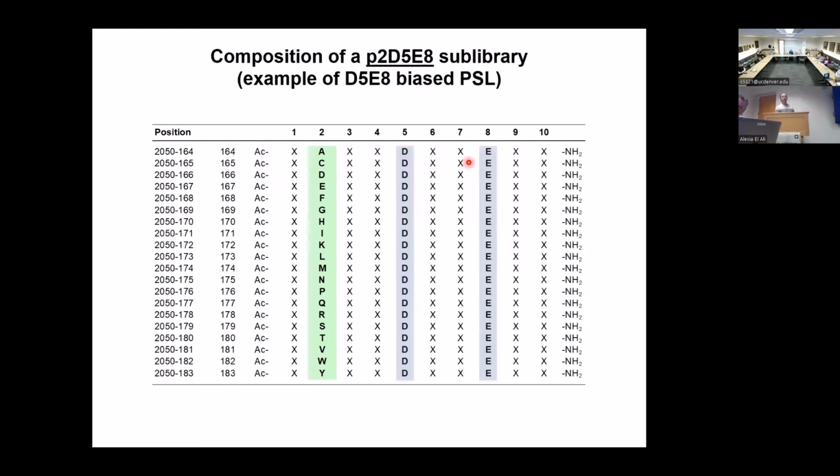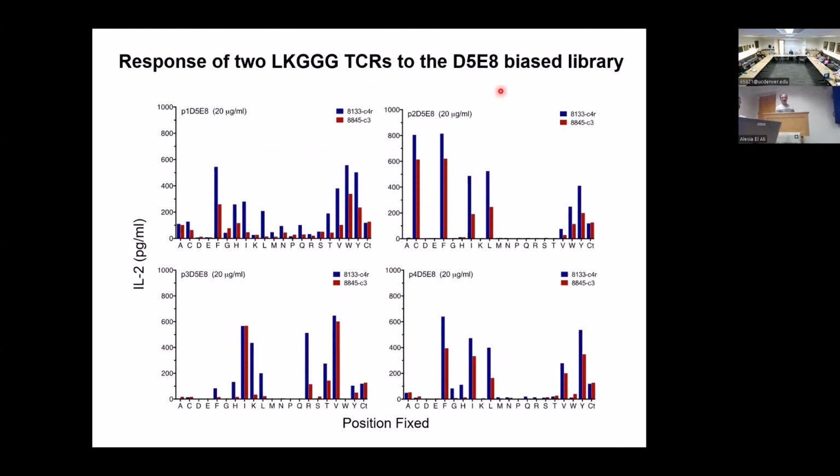These mixtures are much less diverse because 3 positions are now fixed, and you should see a lot more activity. Focusing on the upper right, the P2 library, in the context of D5E8, these 2 hybridomas show very similar response patterns because they have related T cell receptors. You can see there are preferences for cysteine, phenylalanine, and so on.